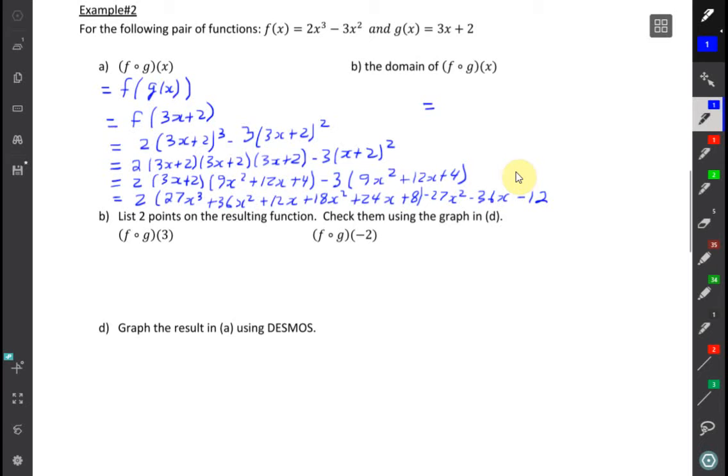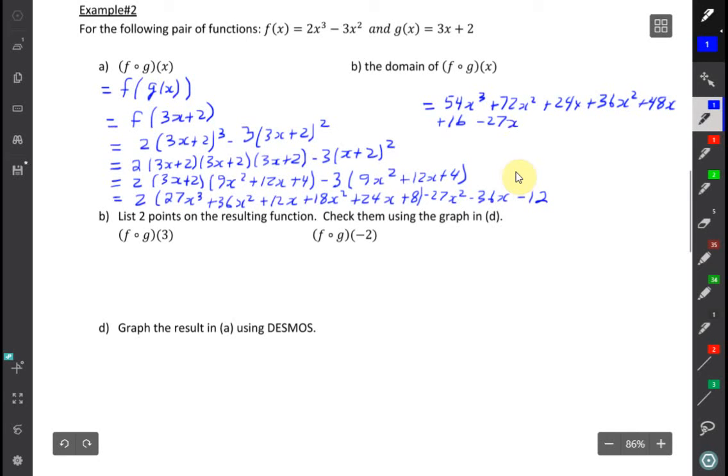Two times 27x cubed is 54x cubed, plus 72x squared, plus 24x, plus 36x squared, plus 48x, plus 16, minus 27x squared, minus 36x, minus 12.